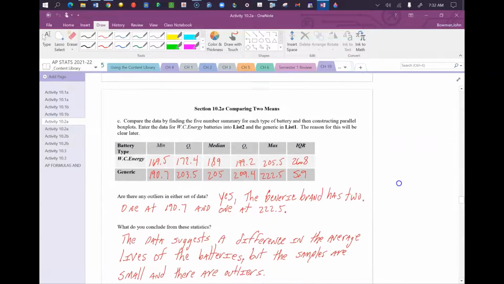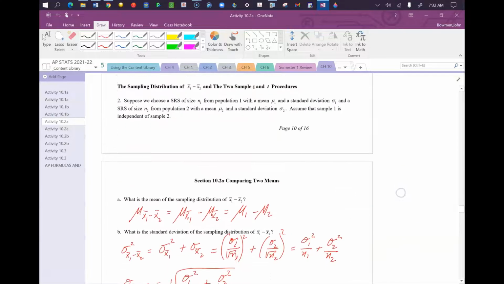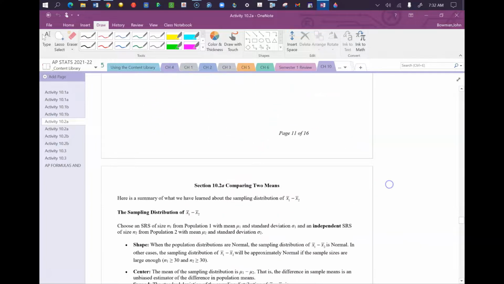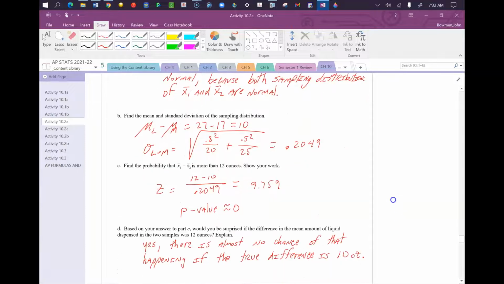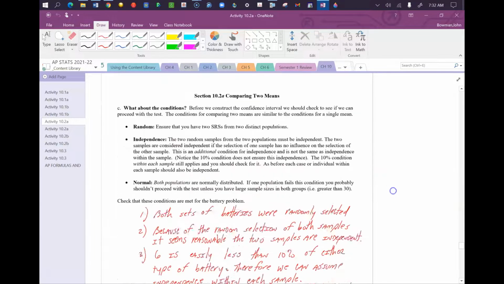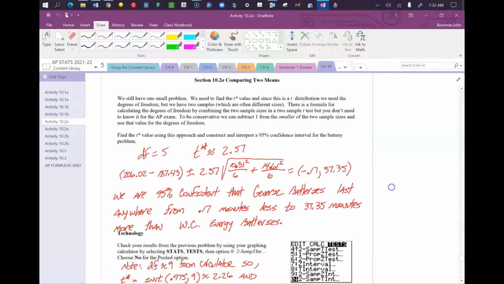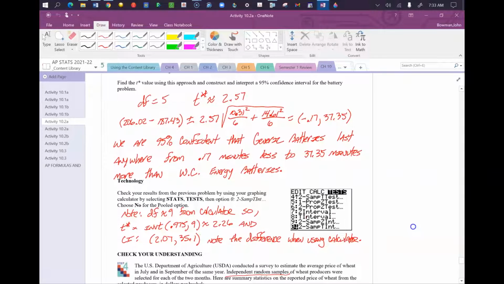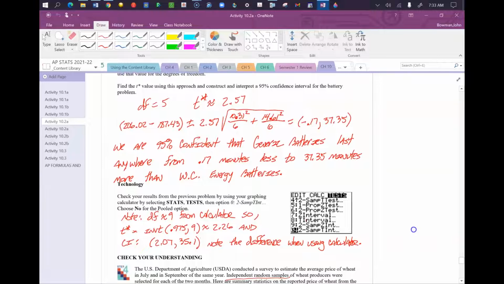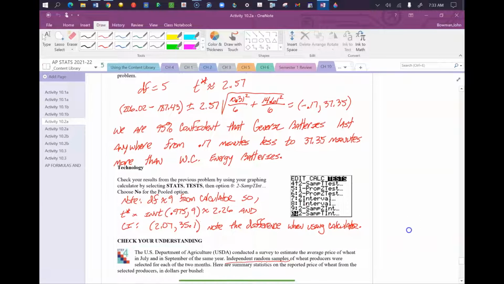We talked about the sampling distribution for the difference of two means, and then we took a look at the actual confidence interval, which went from negative 0.17 to positive 37.35. We decided that we're 95% confident that generic batteries last anywhere from 0.17 minutes less to 37.35 minutes more than WC energy batteries.